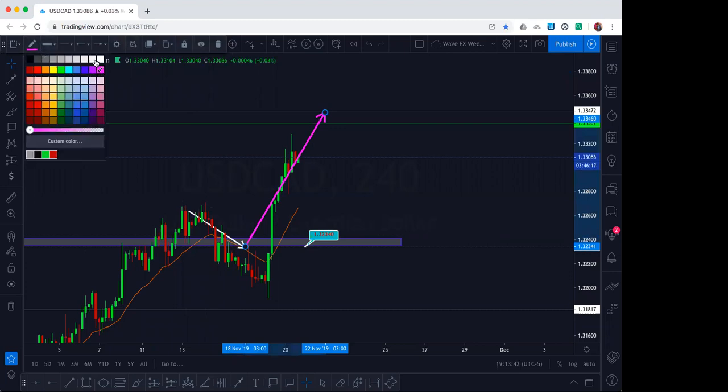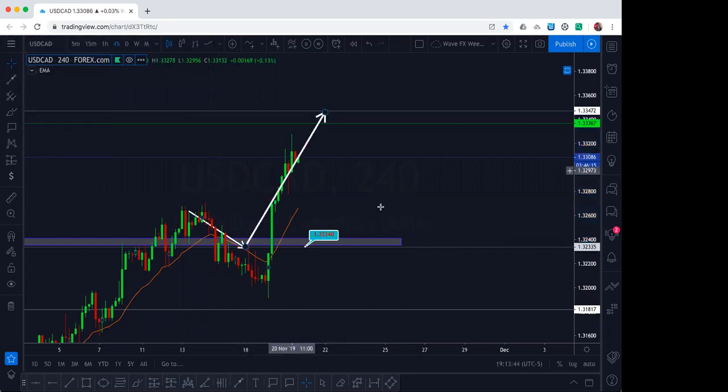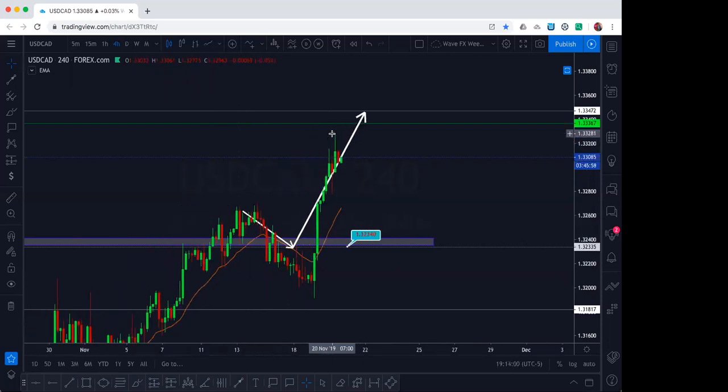So I'll just start coloring them white so they're very evident. So this is what we're looking at for the market to approach in this overall area of $32, and then from there we're looking for any signal for the market to continue to the upside.